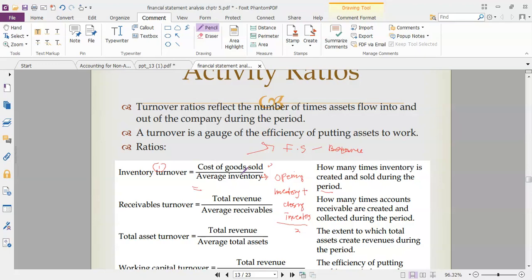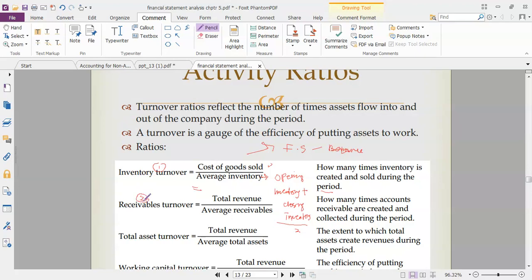Terlalu, what we call in Malay, laris. Jualan dia sangat laris, so the company will have a high inventory turnover. That is better for the company. So the second one is the receivable turnover.